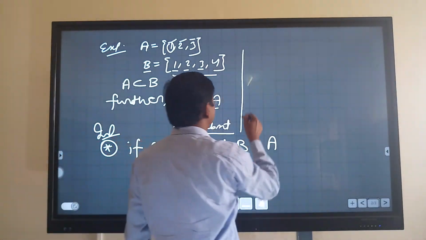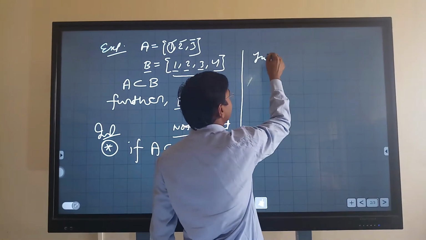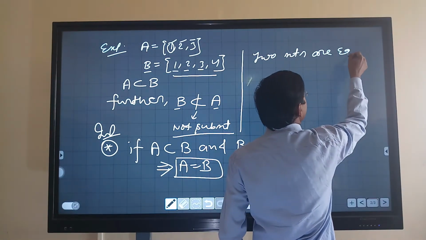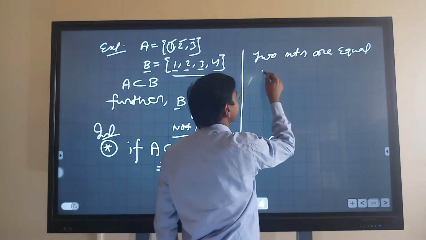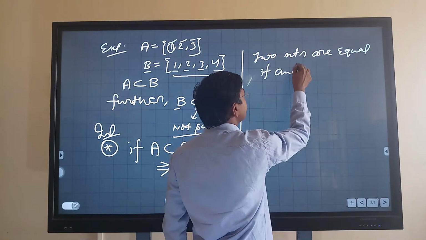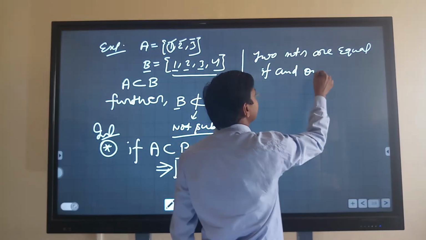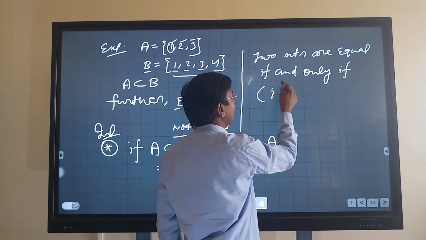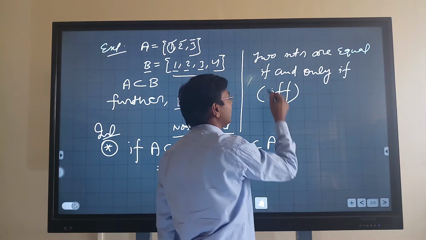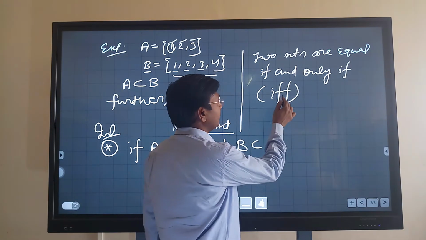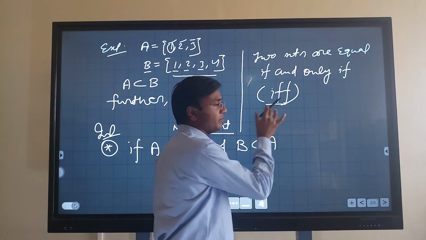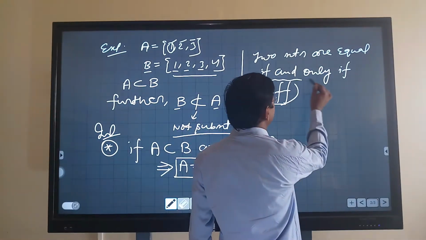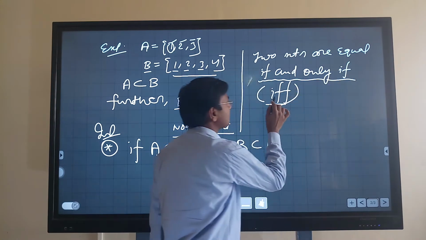That is, we can write another point: two sets are equal if and only if. Briefly we can say iff, right? It means this is a brief representation of this line. If and only if means iff.